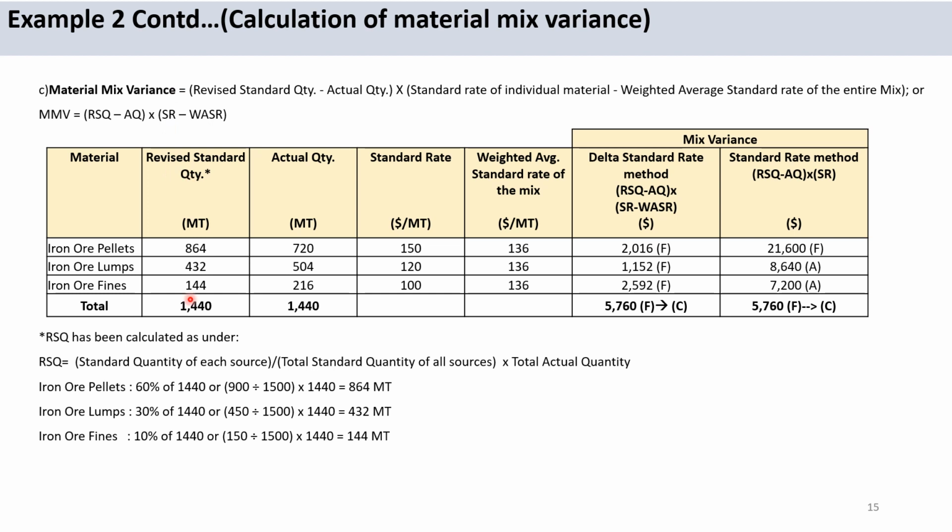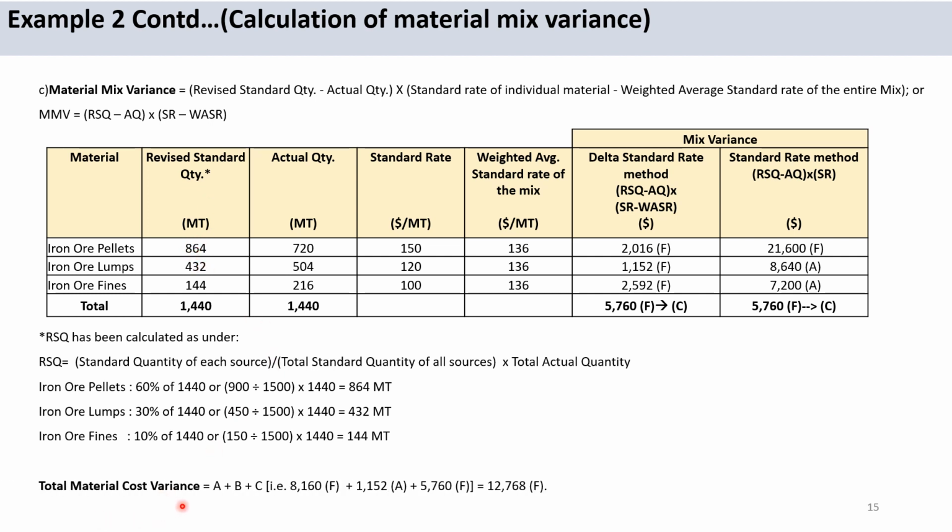And the revised standard quantity, as I have already explained: for iron ore pellets, 60% of 1440 is 864. For lumps, the standard mix was 30%, so 30% of 1440 comes to 432. And for fines, 10% of 1440 is 144. This is how the RSQ is calculated.